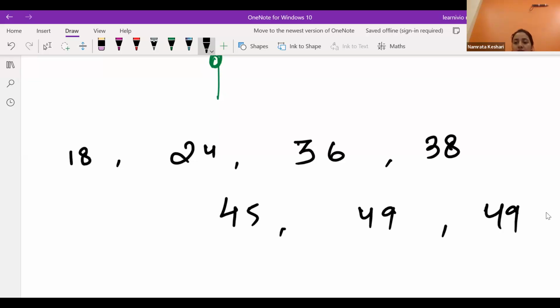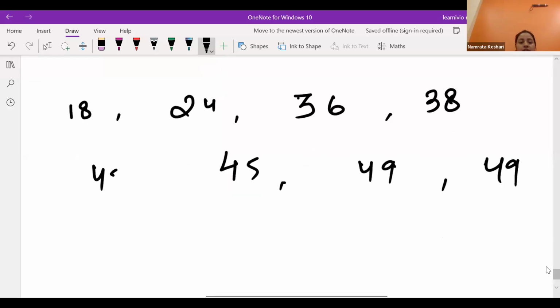Here one more 45 I can write. And two more. So there is a student who got 40, maybe 42, like that. So there are 10 students and these are the marks.